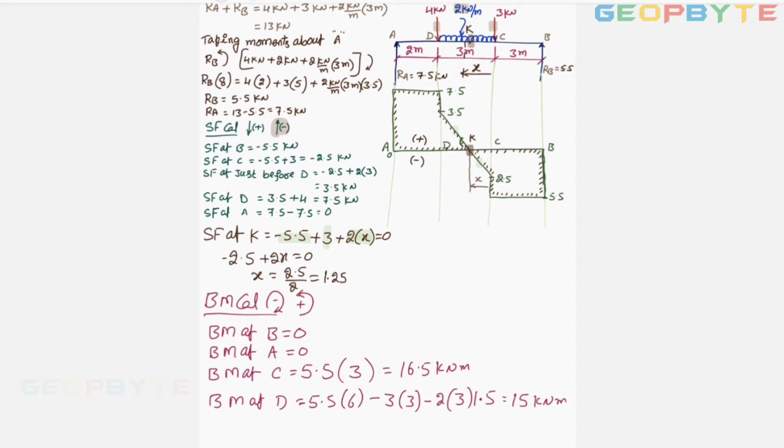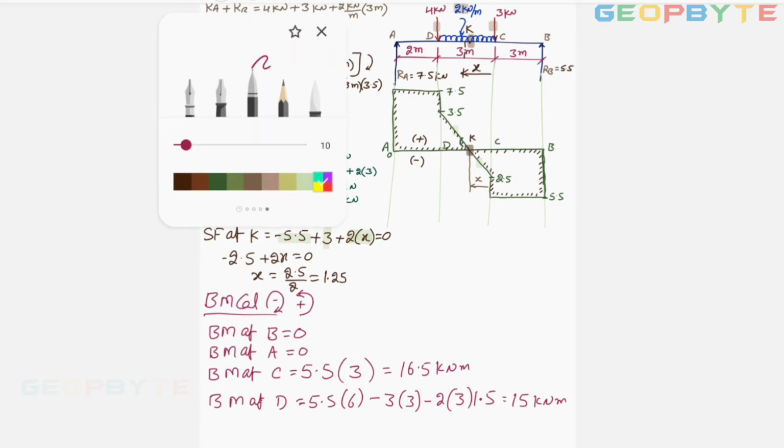Now let us find the bending moment at K. Definitely at K you will get the maximum bending moment, that's why I am writing maximum bending moment straight away.